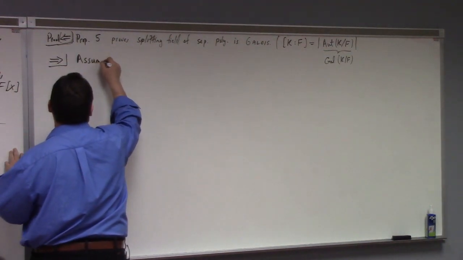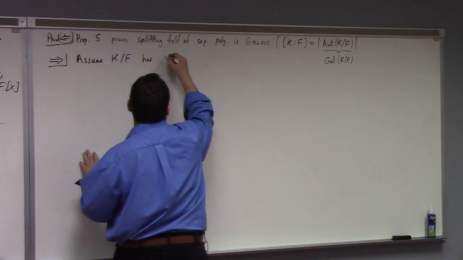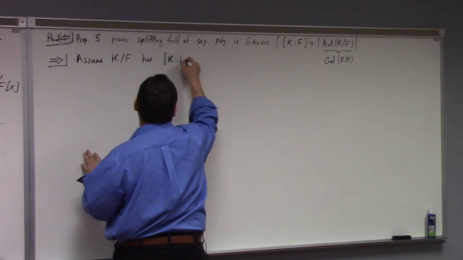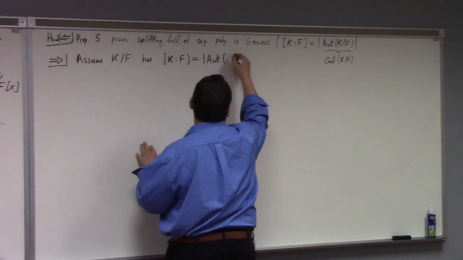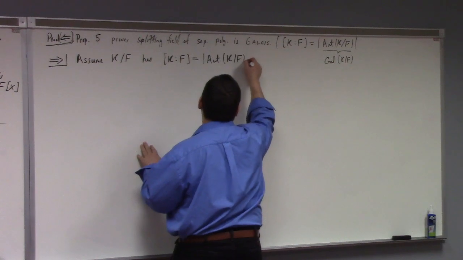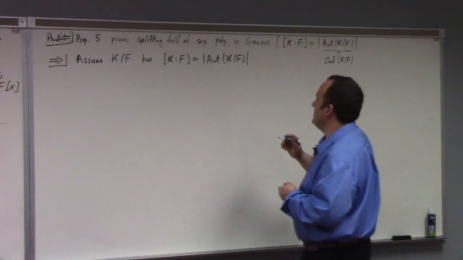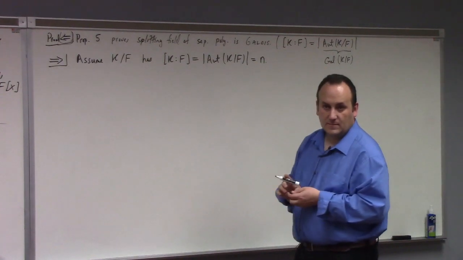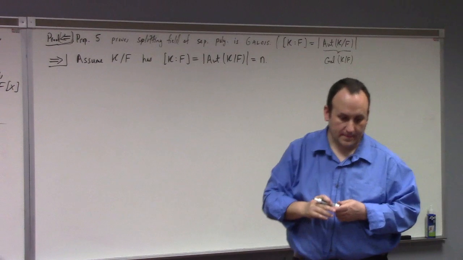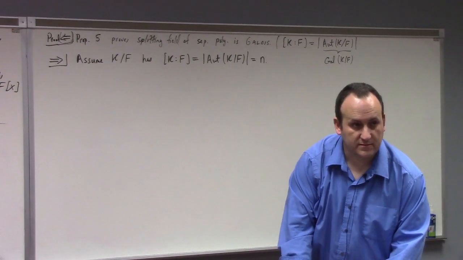So assume that the degree of the extension is equal to the order of the group of F-fixing automorphisms, and let's suppose that that's equal to n for the sake of discussion. Remember that a Galois extension is finite to start with.